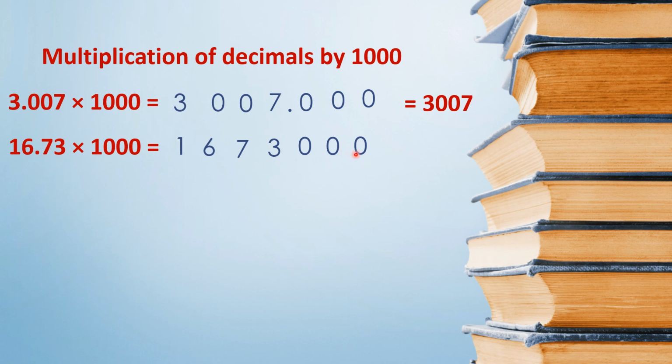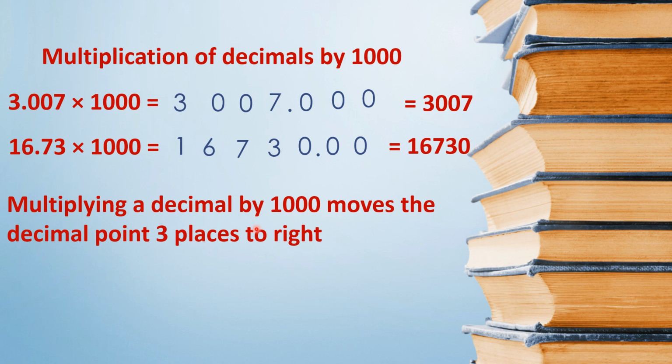It means we will count 2 digits from here, 1 and 2, and we will put the decimal here like this. So our final answer is 16,730. It means we can say multiplying a decimal by 1000 moves the decimal point 3 places to the right. So it is very easy to multiply any decimal by 10, 100 and 1000.